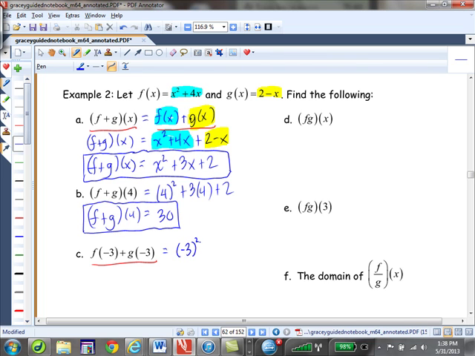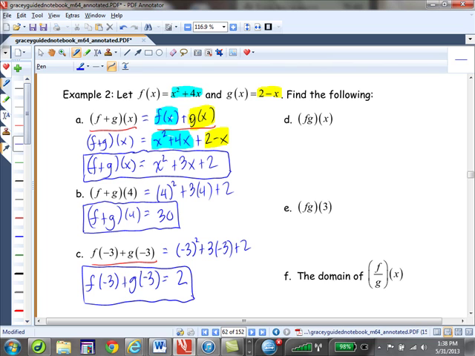This is going to be -3, the quantity squared, plus 3 times -3, plus 2. So remember, f at -3 plus g at -3 will be 9 minus 9 is 0, plus 2 is 2. So at the end of the day, we get a result of 2.